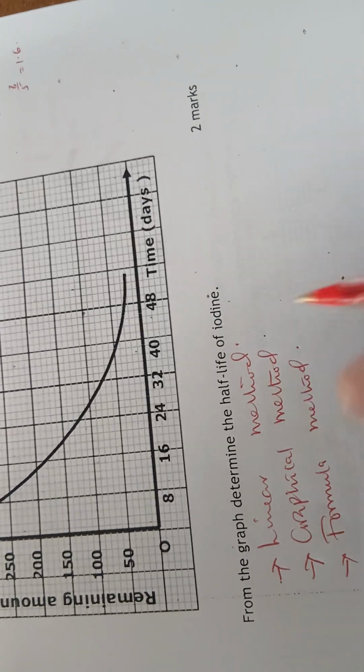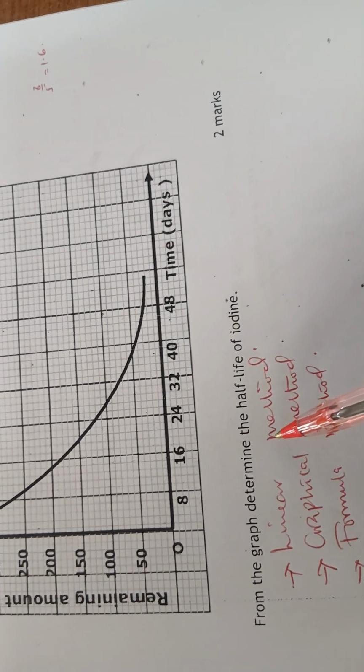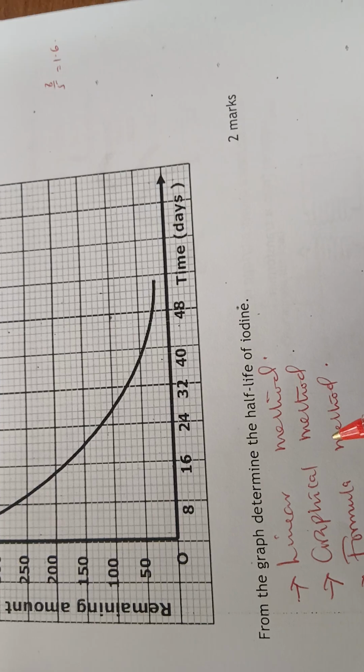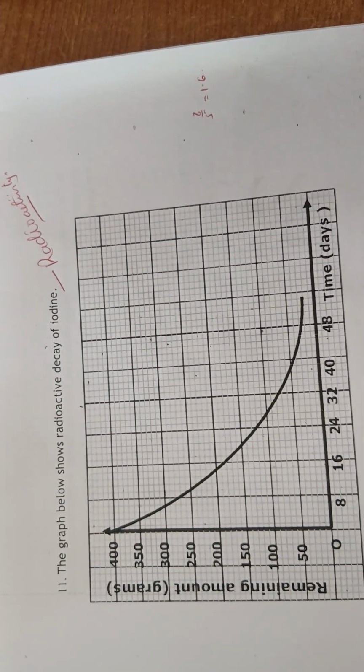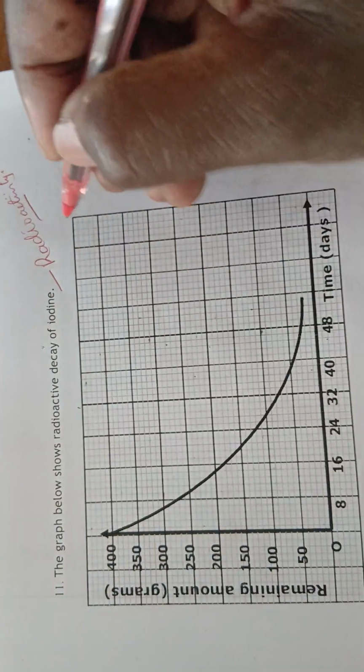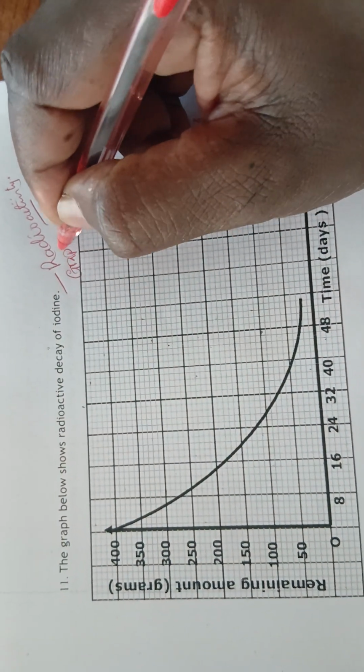These are the three methods for determining the half-life. So in this question, they're talking about the graphical method.